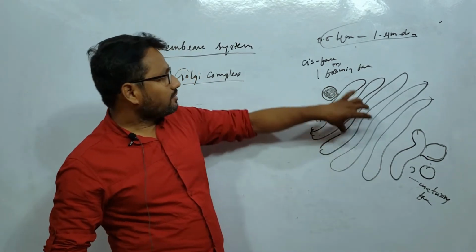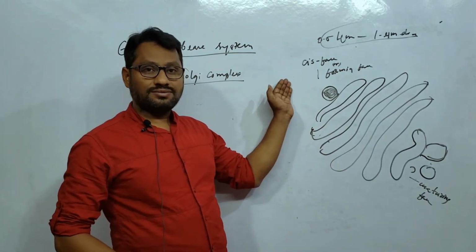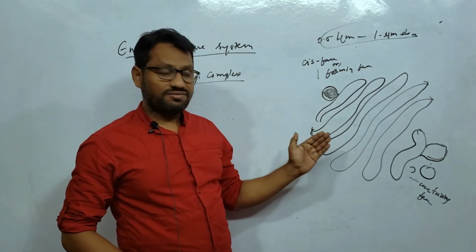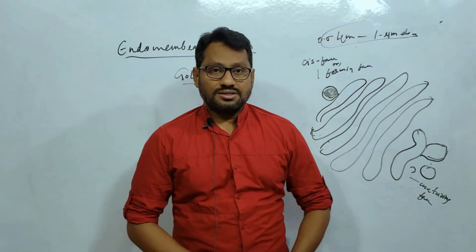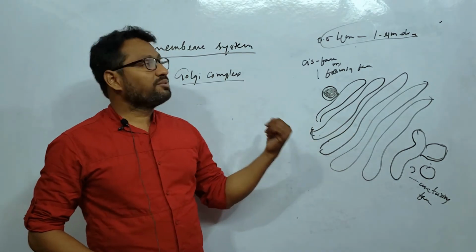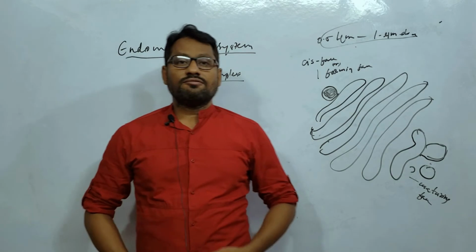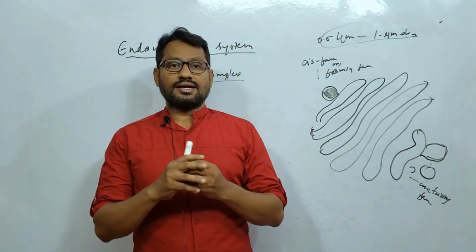The Golgi complex has two phases. One is the cis phase, also called the forming phase, another is the maturing phase, also called the trans phase. As I said before, in the endomembrane system, there are four organelles whose functions are interconnected.